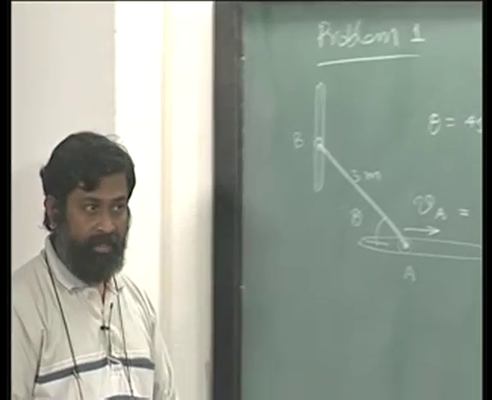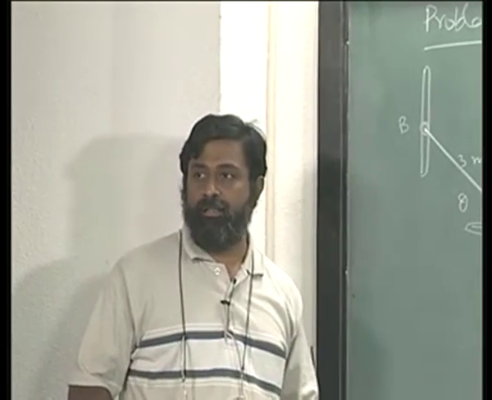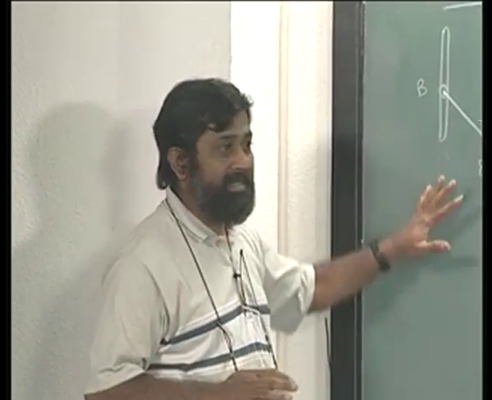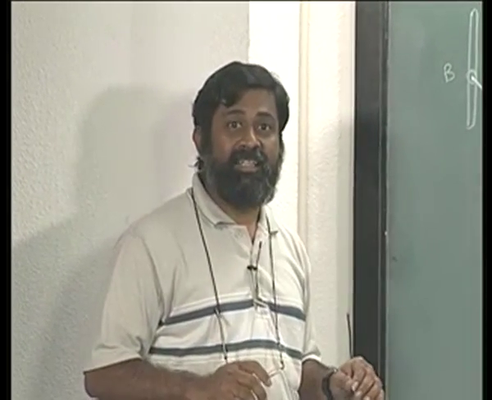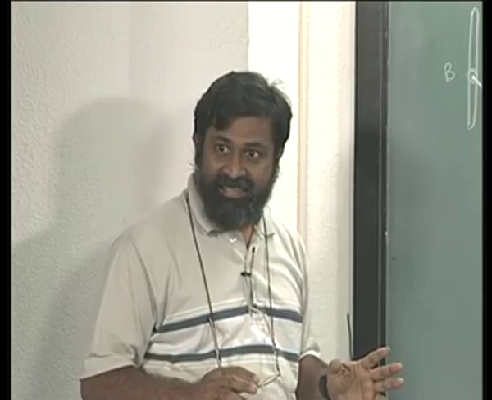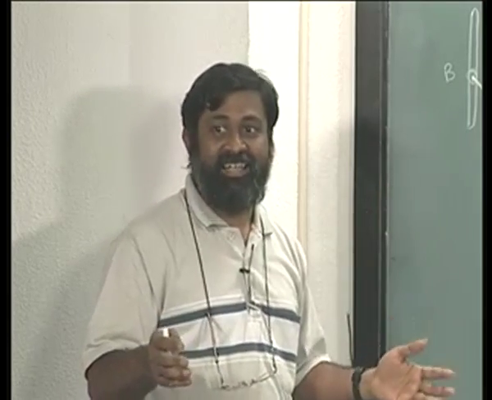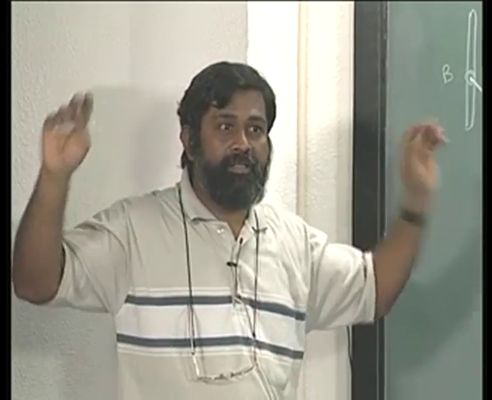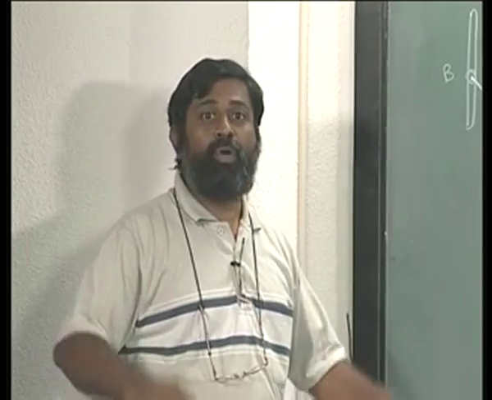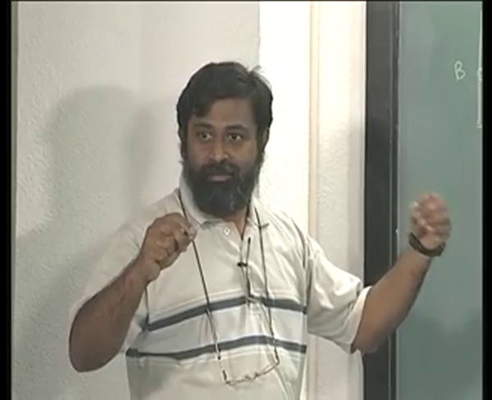Let us see. The first thing that I have to do in all these exercises is fix a fixed frame of reference. It is like a biblical statement, you have to fix, that is the Gita.